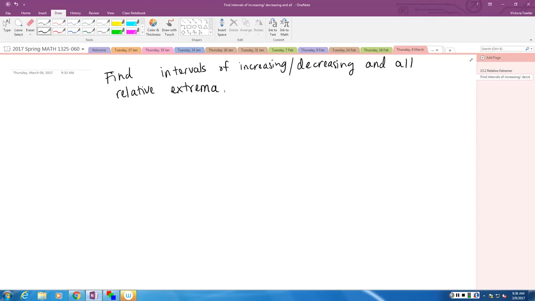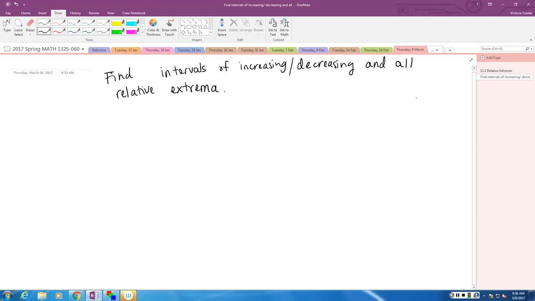So if you take me through that process, if I'm trying to figure out increasing and decreasing, I'm taking the first derivative, right? I'm setting it equal to 0 or finding out where it doesn't exist, because those give me what kind of numbers? The critical numbers. And then I take the critical numbers, I put them on a number line, right? I check to see, is it increasing or decreasing? And that gives me a determination.